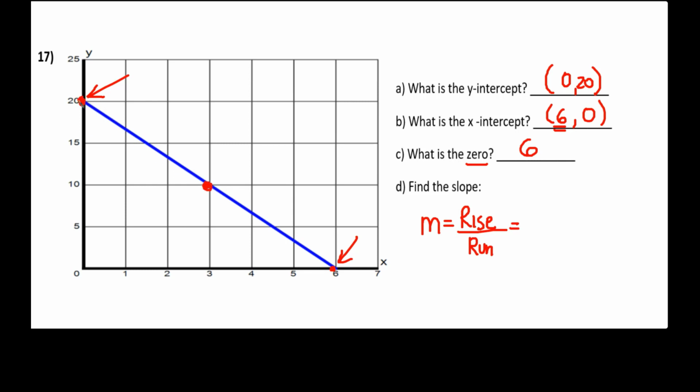So how many do I go down? I went down 10 units, so this would be negative 10, and I ran 3 units to the right, so it'll be 3 on the bottom. So the slope is negative 10 over 3.